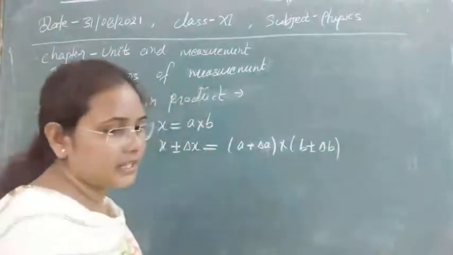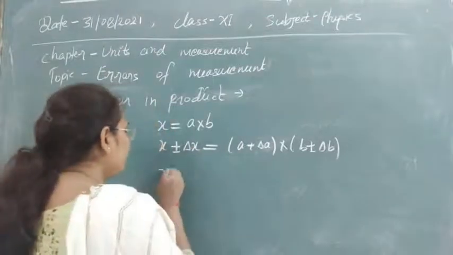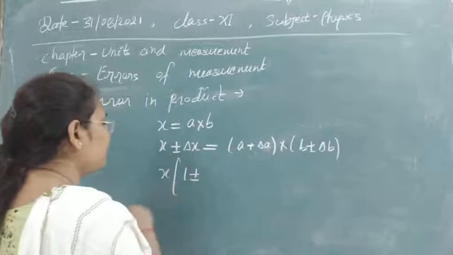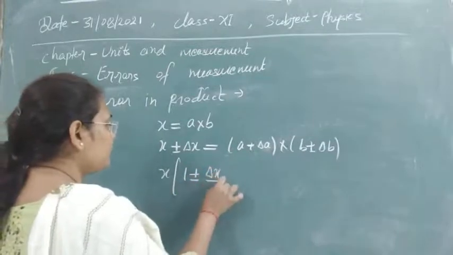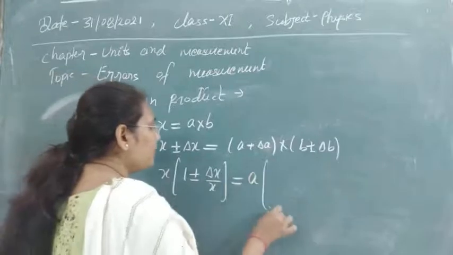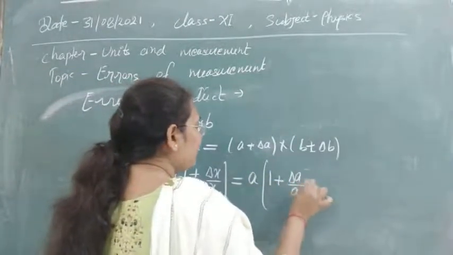Now let's take x as common. If you take x as common, you obtain x(1 ± Δx/x). If you take a as common, you have a(1 ± Δa/a).